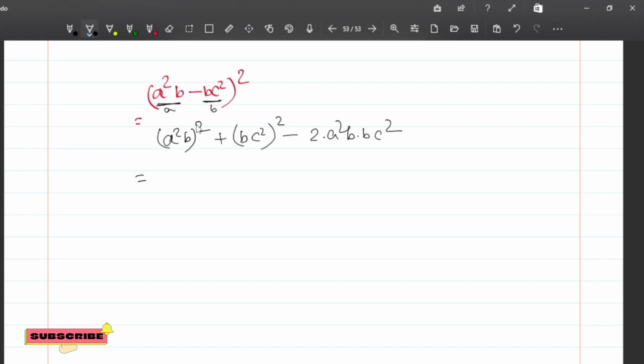Now do the calculation. The square will be both for a to the power 4 and b square, plus again square will be both for b and c square. So b square c to the power 4 minus 2 a square b square c square. That is your answer.